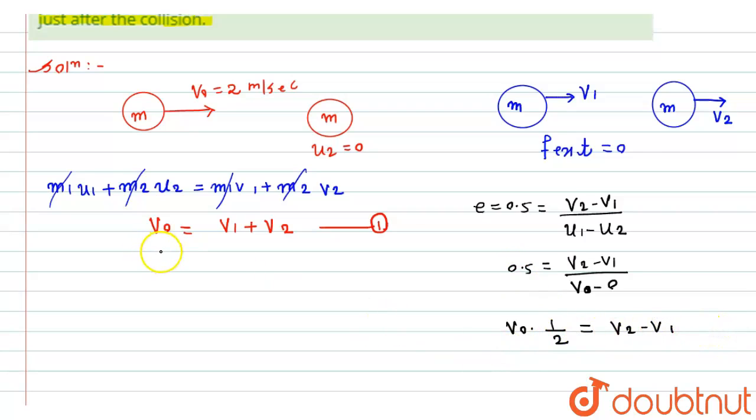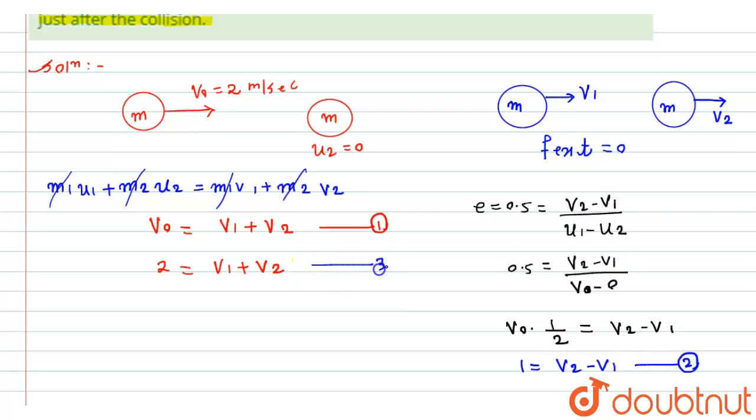If we substitute the value of v0, equation 1 becomes 2 equals v1 plus v2. And if we put the value of v0 as 2 in the other equation, the 2 cancels out and this becomes 1 equals v2 minus v1. Let's suppose this is equation number 2.